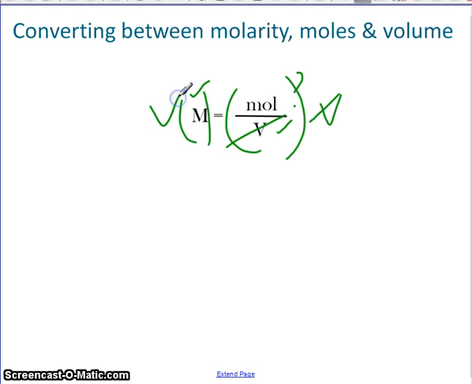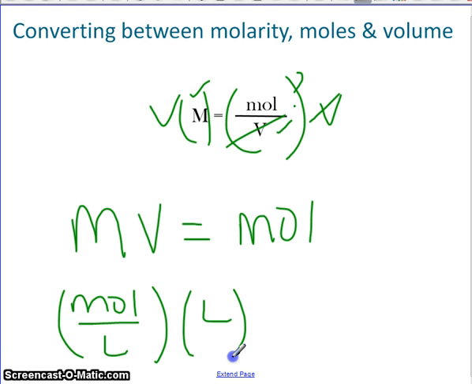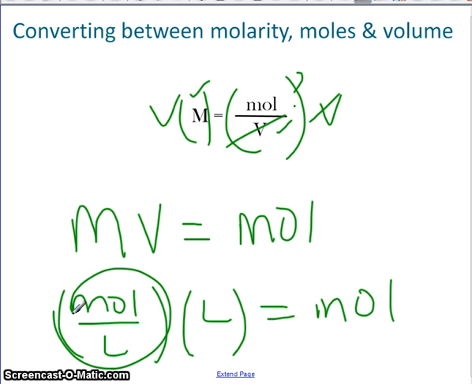What we do to one side, we do to the other. So the molarity times the volume will give you moles. And if you look at the units, that should make sense because molarity is moles per liter. We know the volume must be measured in liters. Oops, it should say mole. So when you multiply molarity times liters, liters will cancel out and you're left with moles. Okay?